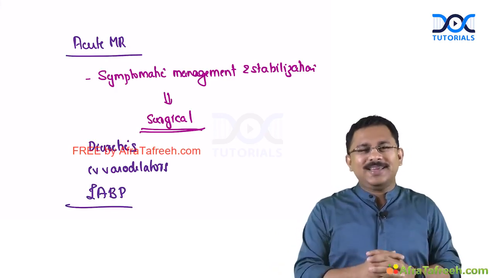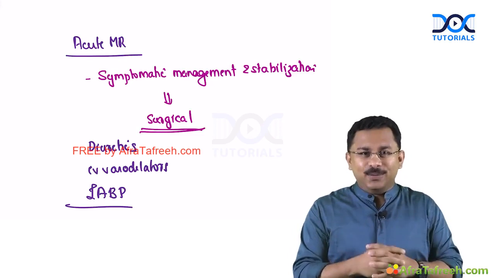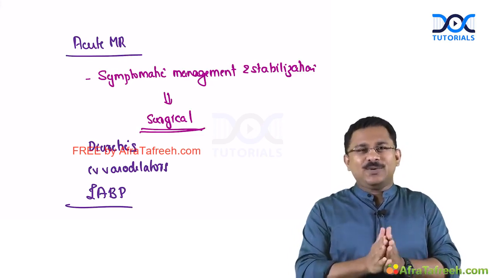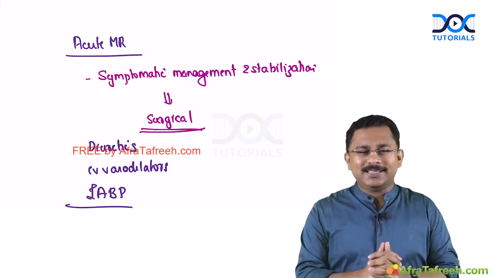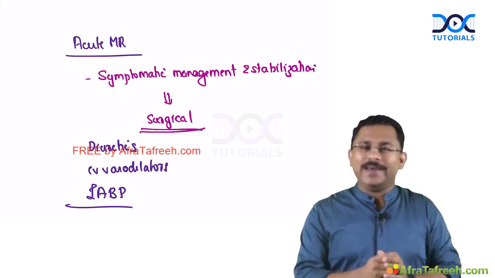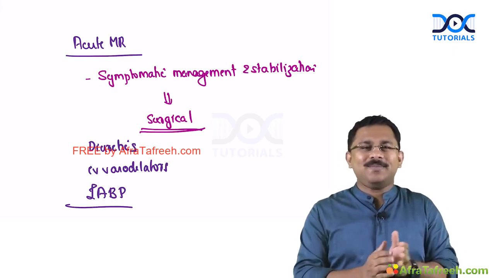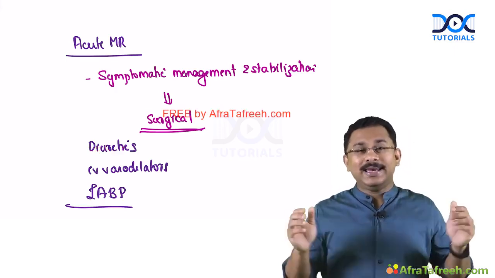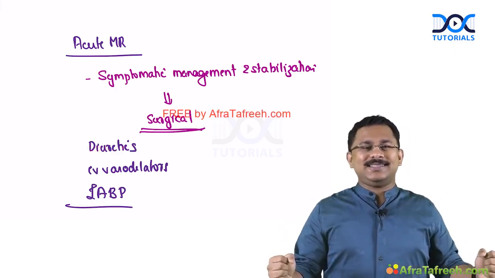So this is about the evaluation and subsequent management of mitral regurgitation. It's very important to discuss separately the management of chronic primary MR, chronic secondary MR and acute mitral regurgitation.